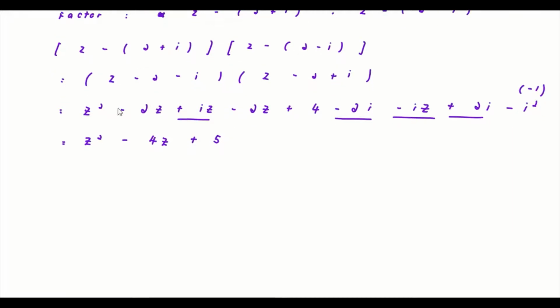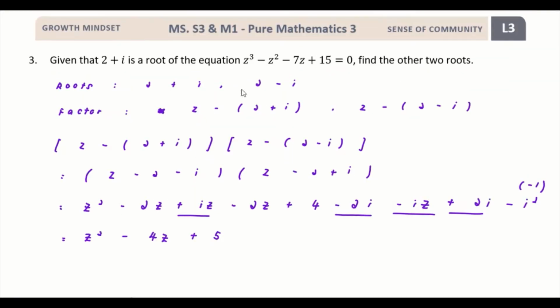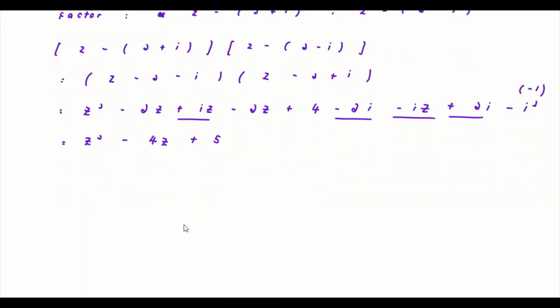To find the third root, maybe this time we try to do inspection, but it's totally fine also. You can just straight away divide by this, then you get the linear factor. It's the same thing as what we did for the previous question. If you want to do inspection, I think this question is quite easy.